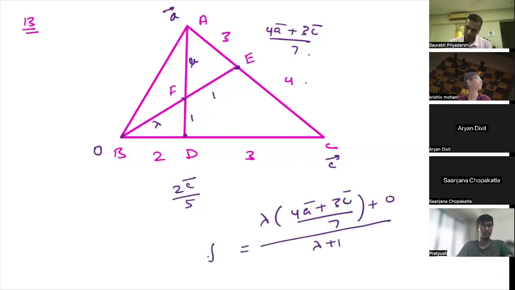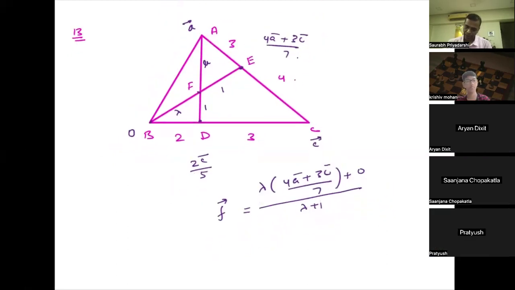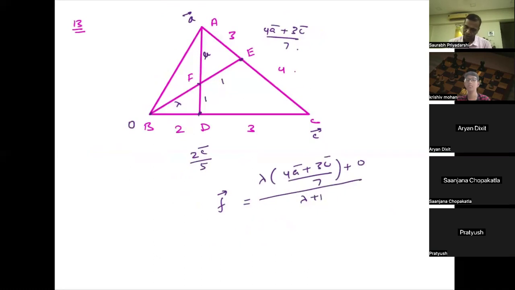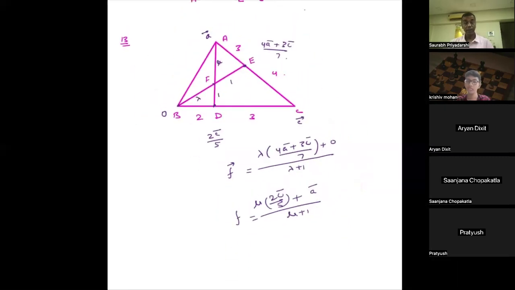This is the point F. Similarly, by the section formula, I can say the point D is this one: mu into 2C by 5 plus 1 into A, by mu plus 1. This is F. Is this okay? I'm just showing the simplest method, what we can achieve from this.